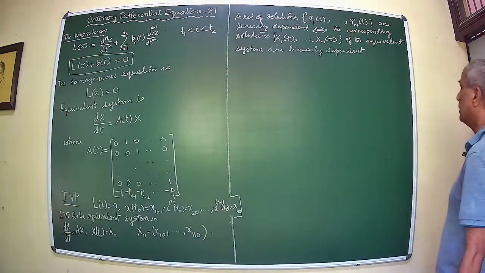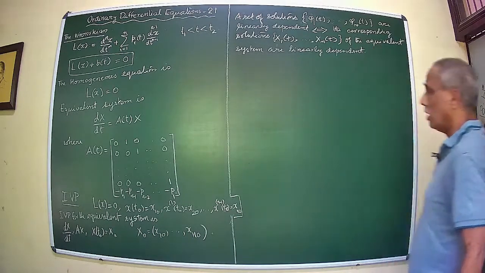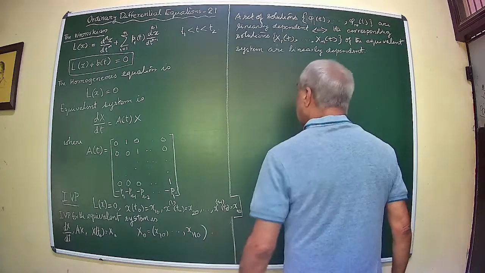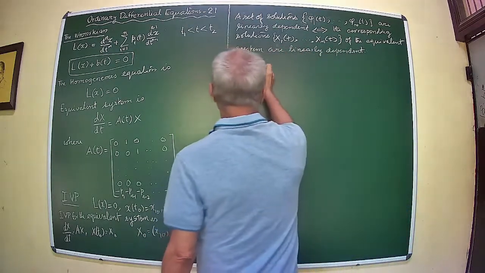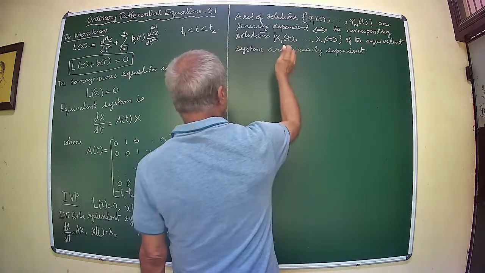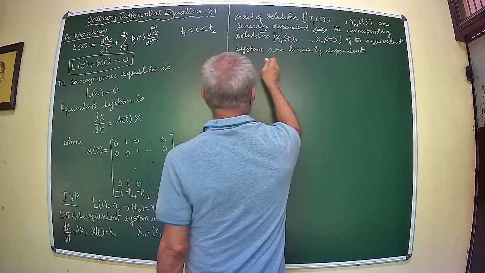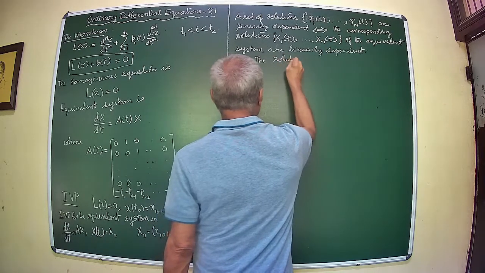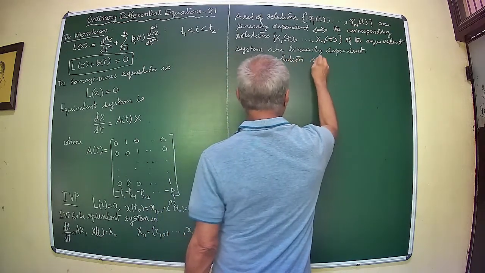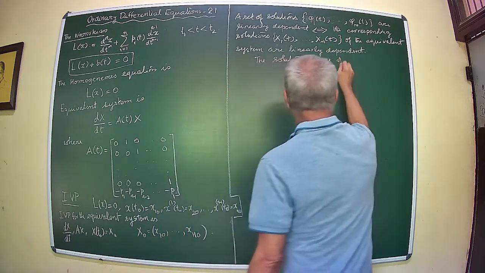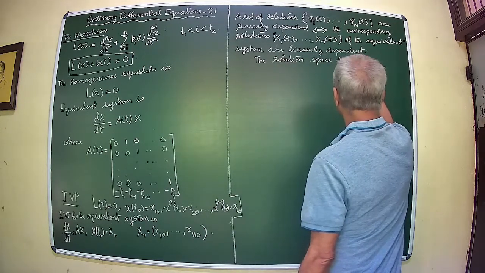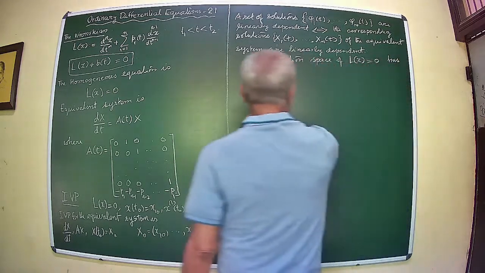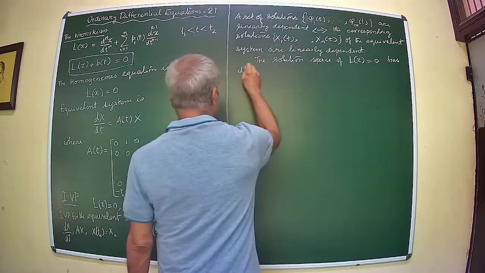So having got this, now what next? A consequence of this is that, using this result, one can prove that the solution space of Lx equal to 0 has dimension n.